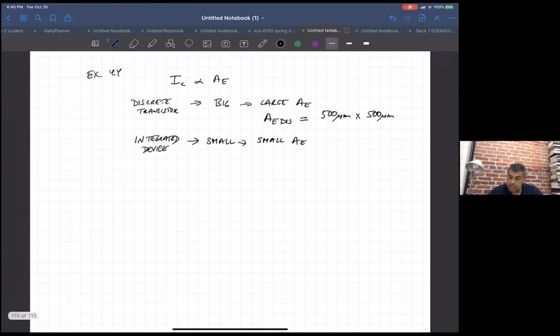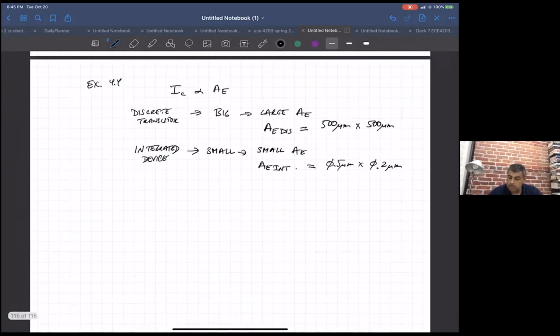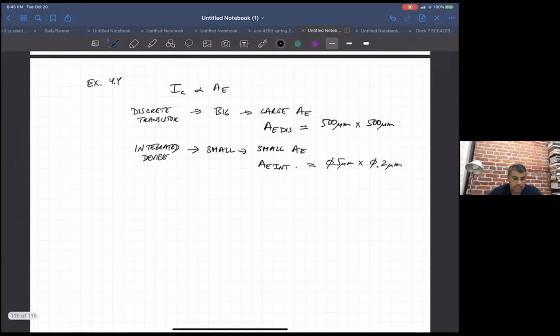And the example uses an area of emitter in an integrated device that is much smaller. It is 0.5 micron, or that's a typical number. It's really kind of all over the place, but it's hardly ever as big as the discrete.